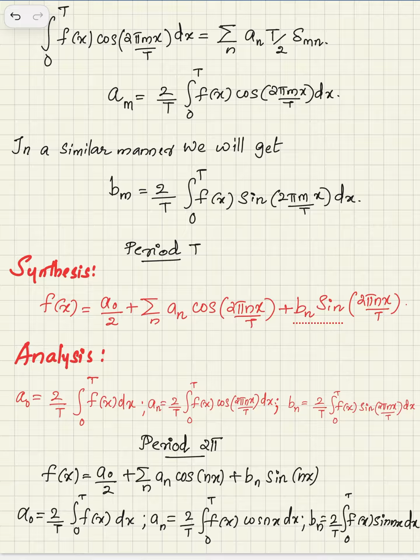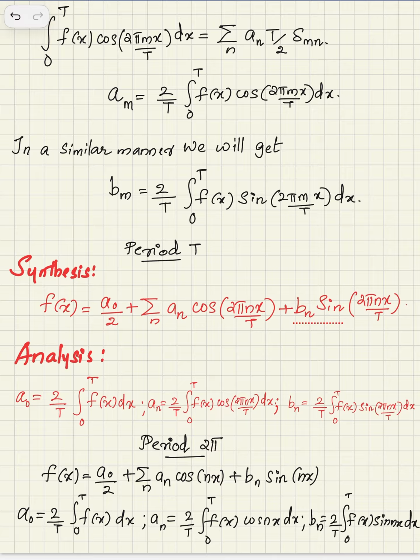And you can see that in a0, an and bn, there is a common factor 2 by t. It happens only because we took the initial constant factor in the series as a0 by 2. In some textbooks, you may see that this factor is just a0. Then the definition of a0 will be simply 1 by t integral.